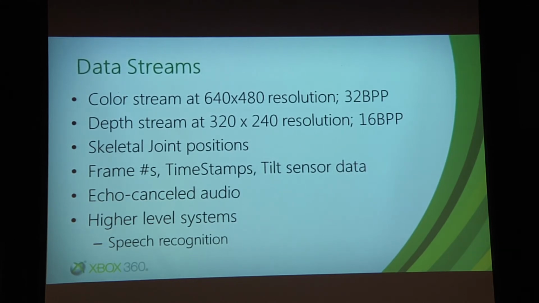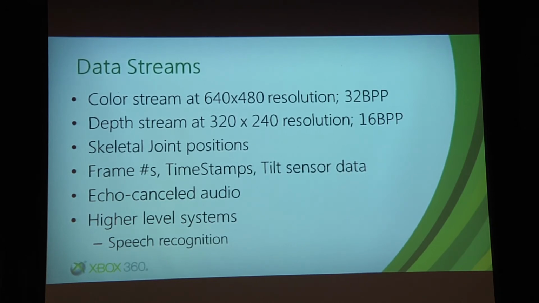If you do 640 by 480, your frame rate is going to be 30 hertz, right? 30 frames per second. If you do 1280 by 1024, your frame rate will drop to anywhere from 10 to 12 frames per second, right? So that's something you have to keep in mind. You're going to be paying a price for getting a higher quality frame.